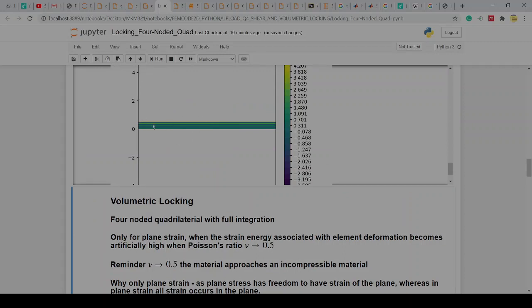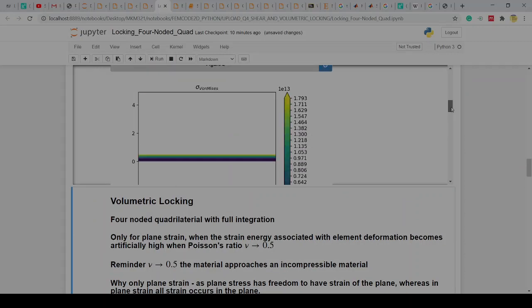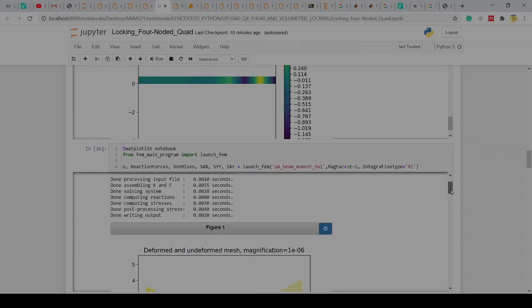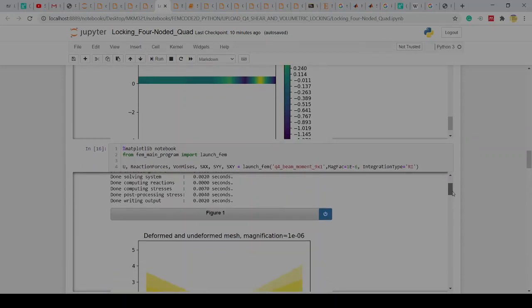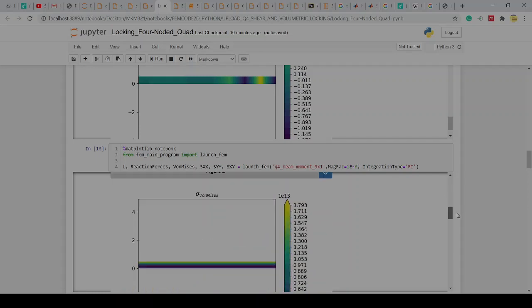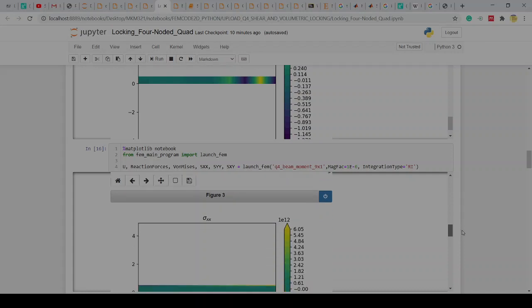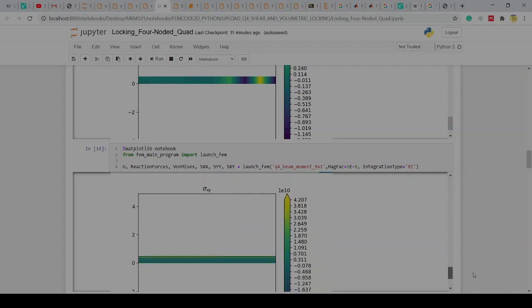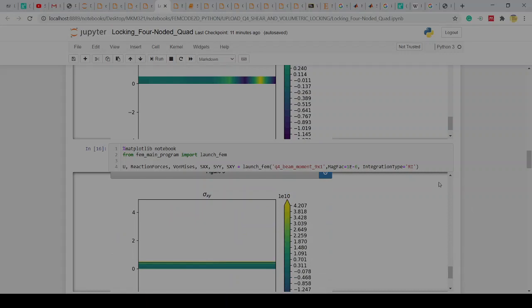So that's now, you can see those lines there. So let's see what's happening here. 9x1 element. The magnification factor is 1e minus 6, and it already looks like this. 10 to the 13, 10 to the 12, 10 to the 13, 10 to the 10 for Sigma XX. So this is not at all sensible.